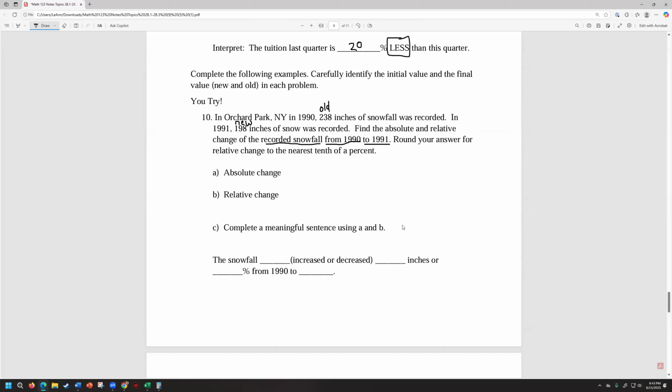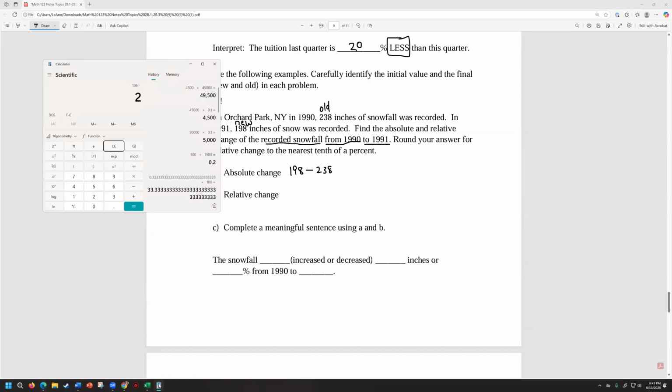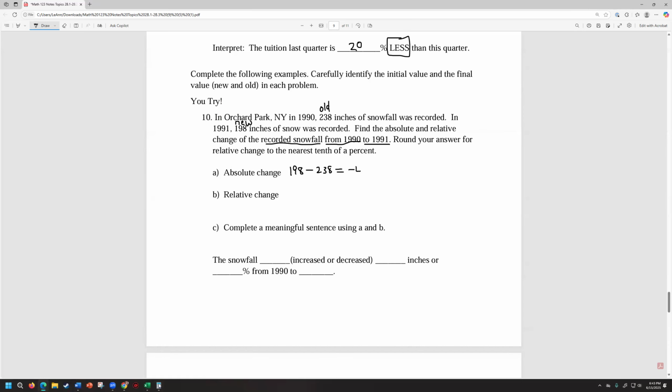So when I go to do absolute change, I do new value of snow minus old value of snow. So we've got 198 minus 238, that's negative 40. We want to get that as a relative change. We take that value and we always divide by the old. So the old is the 238.